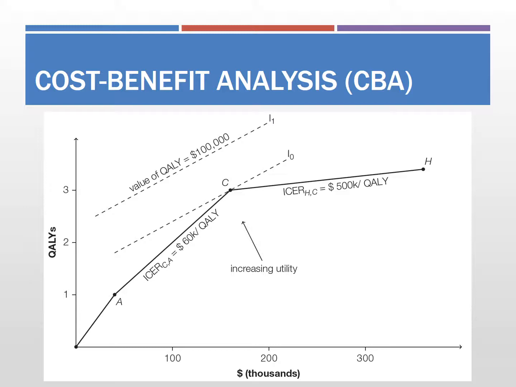This person will always pick the most expensive treatment in the market. However, in our case, the person we observe is only willing to pay $100,000 for one additional year to live. So obviously, the treatment this person will choose is treatment C.